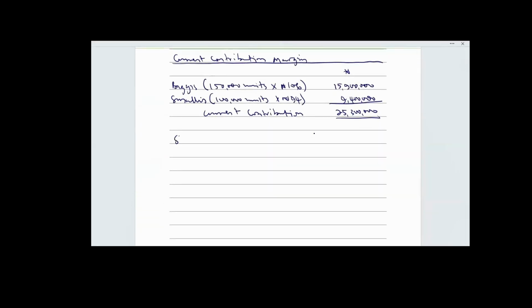So to now get the shadow price, I will pick the new contribution margin, which is 25,300,000 and 26 naira 5 kobo.